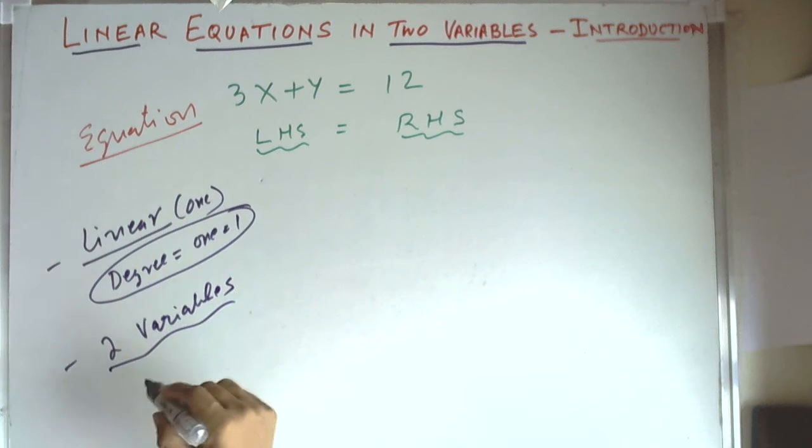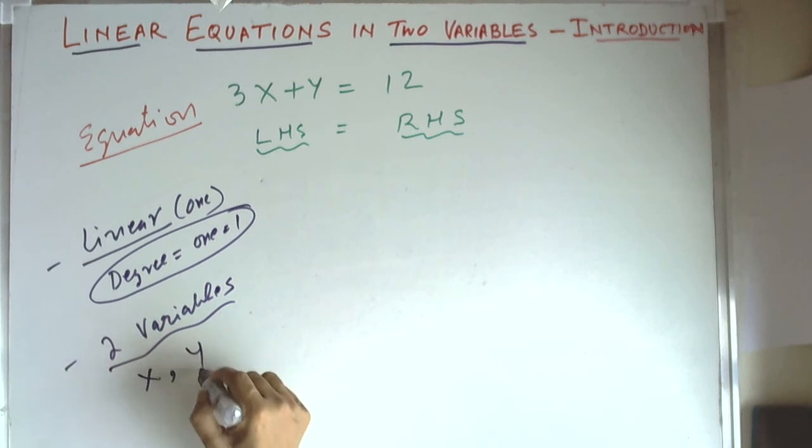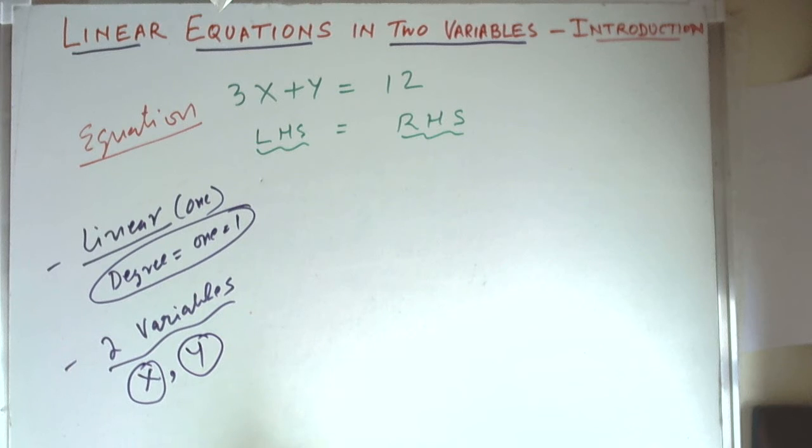In this particular case we have x and y. There are two variables. In 8th class we have learned the equation with one variable. So here we are now learning equations with two variables.